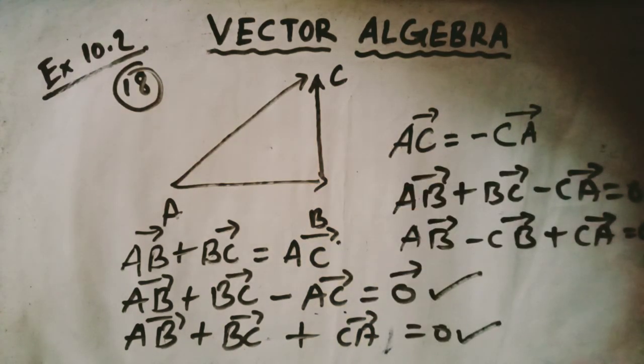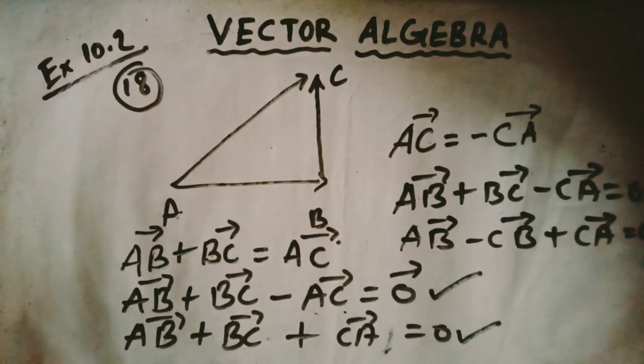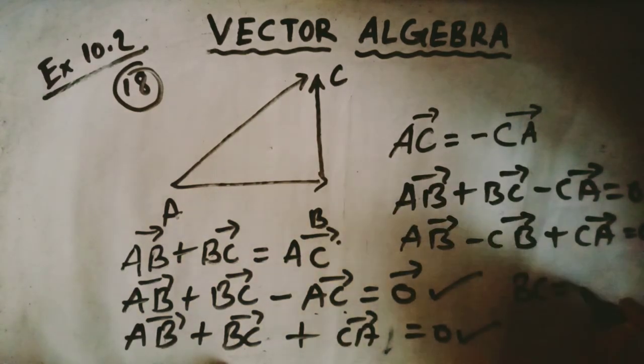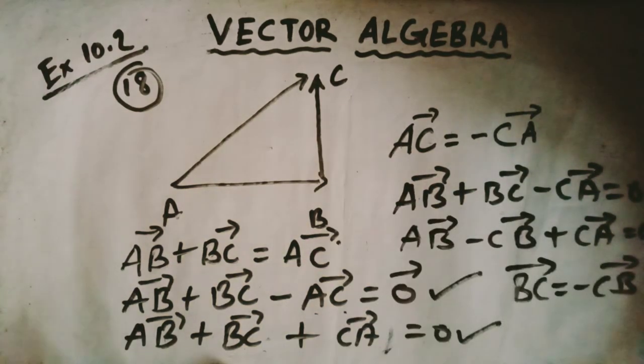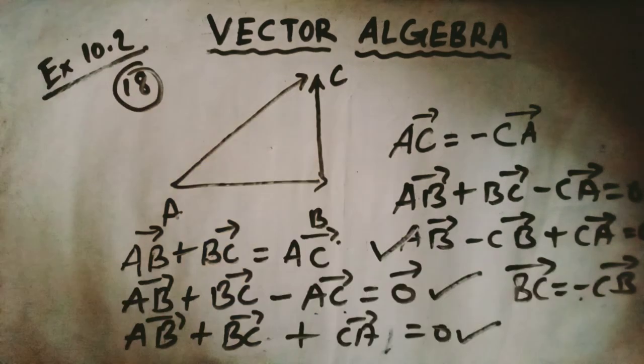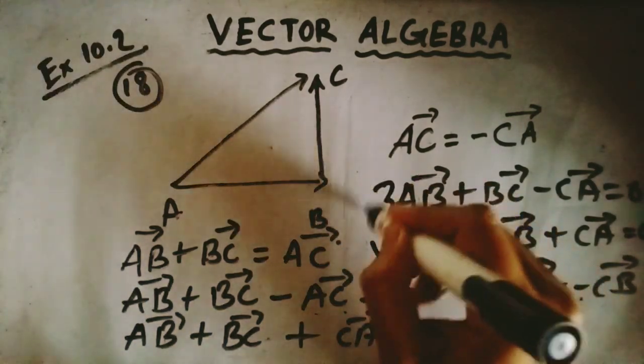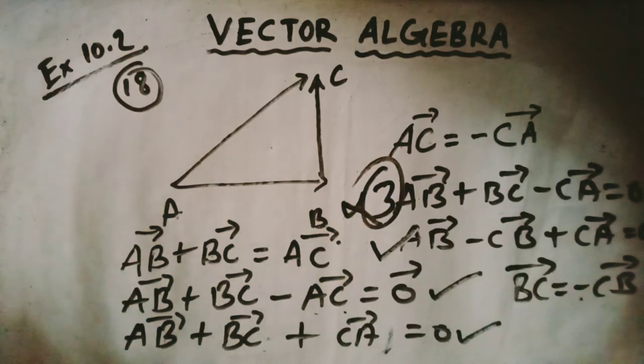In the last equation, BC can be written as minus CB, since if you change the direction it will be minus CB. So the D option is also correct. So the 1st, 2nd and 4th options are correct, and the only thing which remains is the third option. So this is incorrect.